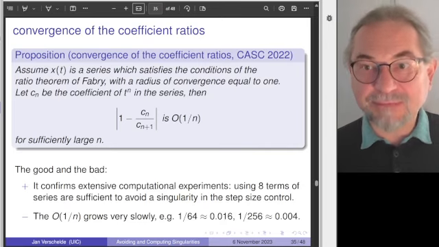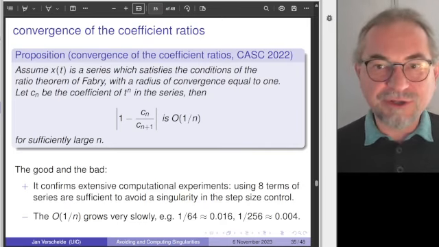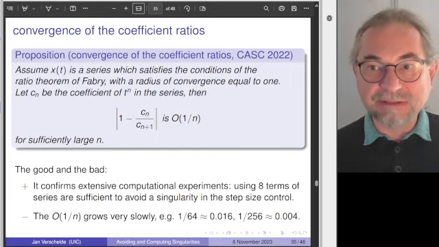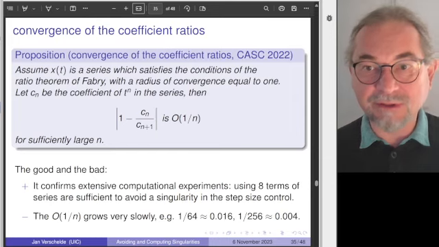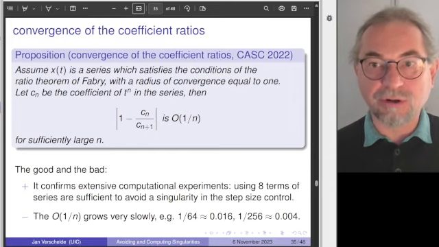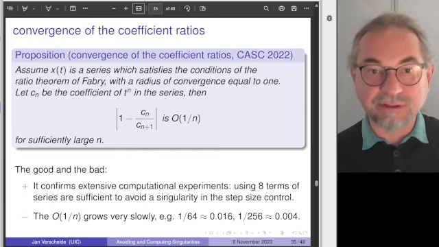And yes, we can. And actually, under the assumptions of the ratio theorem of Fabry, that means that the coefficients define a ratio for every term. So you have a sequence. So you have no zero coefficients, and that limit exists.